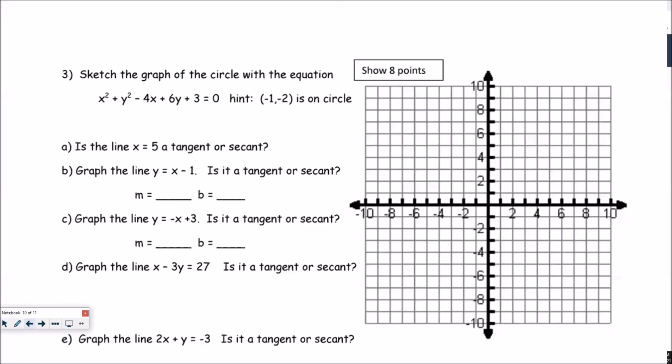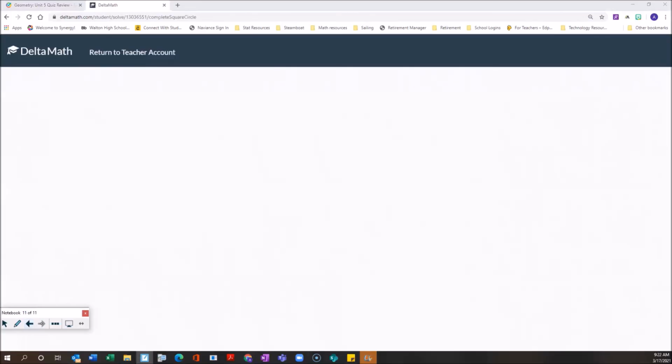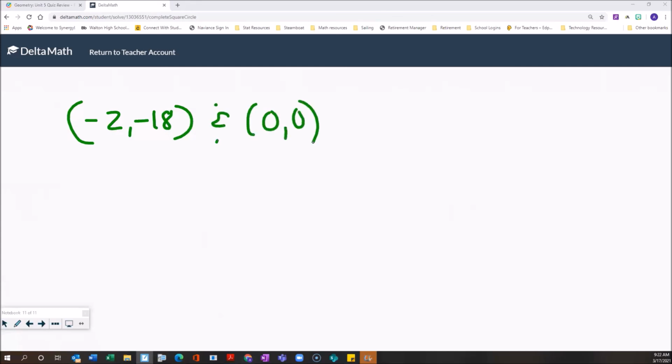Oops. Sorry. I'm just going to do it based on what you said the endpoints were. So it says ends of the diameter -2, -18. Make sure I got the right numbers. -2, -18, and 0, 0.